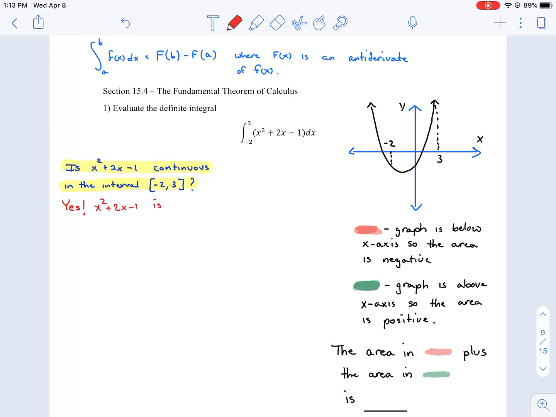X squared plus 2x minus 1 is continuous because it is a polynomial. The domain of a polynomial is all real numbers.